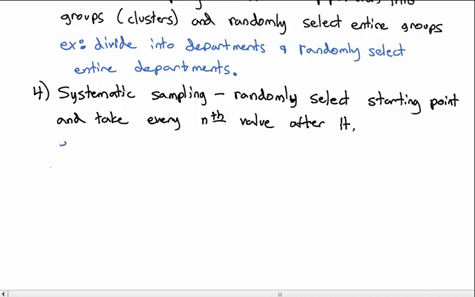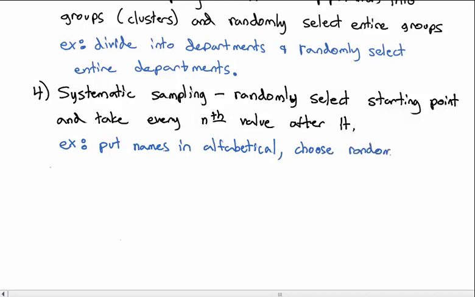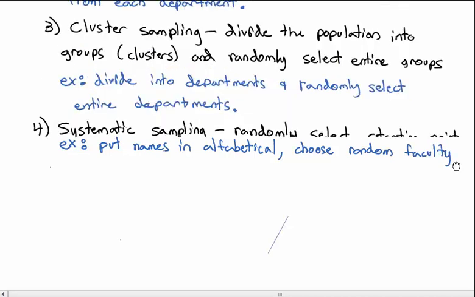So for our example with choosing faculty from the population of college faculty, we put the names in alphabetical order, maybe. Then we will choose a random starting point. Probably use our random number generator to get the first one.